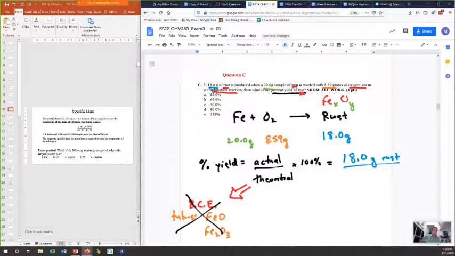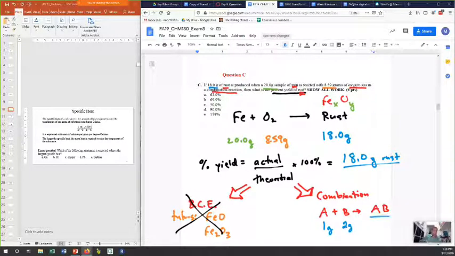So how do we get the theoretical then? Okay, well, is there anything else that we could pull from to get our theoretical? Well, one of the things that I referenced that was important is that it's a combination reaction. Why is it important to know that it's a combination reaction? Well, the general form of a combination, A plus B equals AB. If I give you 1 gram of A and 2 grams of B, how much AB did you make?